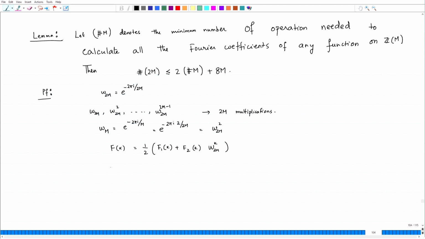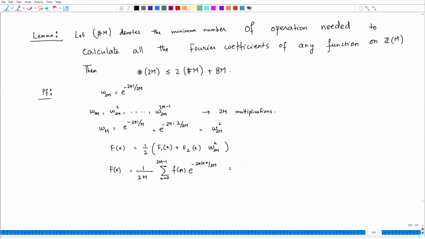Why is that? Just a simple calculation. This is 1 by 2 m, then the summation over n equal to 0 to 2 m minus 1 of f of n, e to the power minus 2 pi i k n by 2 m. This is what we need to calculate.